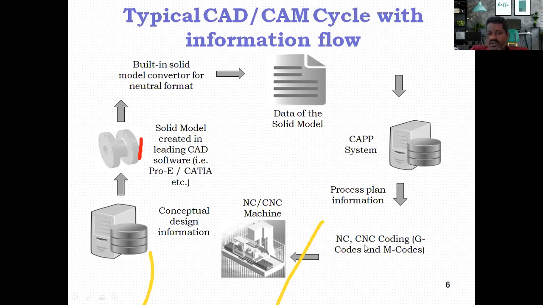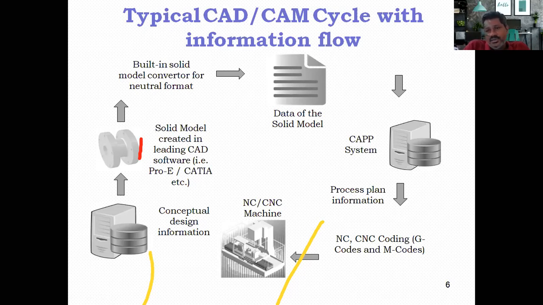NC coding or CNC coding will be done in a coding language. APT is one of the programming languages. G code and M code are used in NC coding or CNC coding.